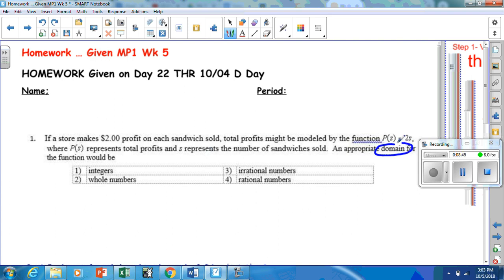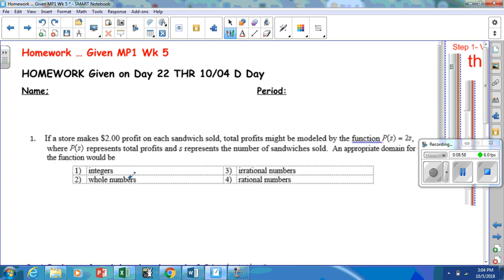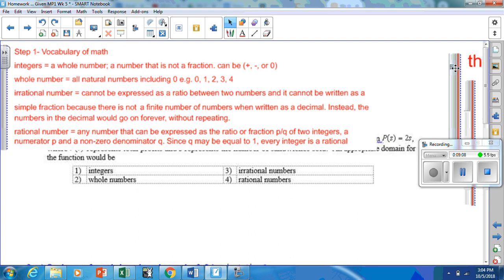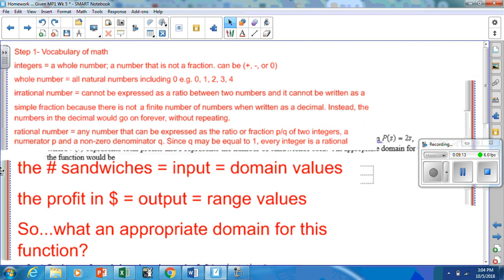So when we think about sandwiches, we want whole numbers, rational numbers, irrational numbers, or integers. And this boils right back down to vocabulary. So let's consider the vocabulary here.